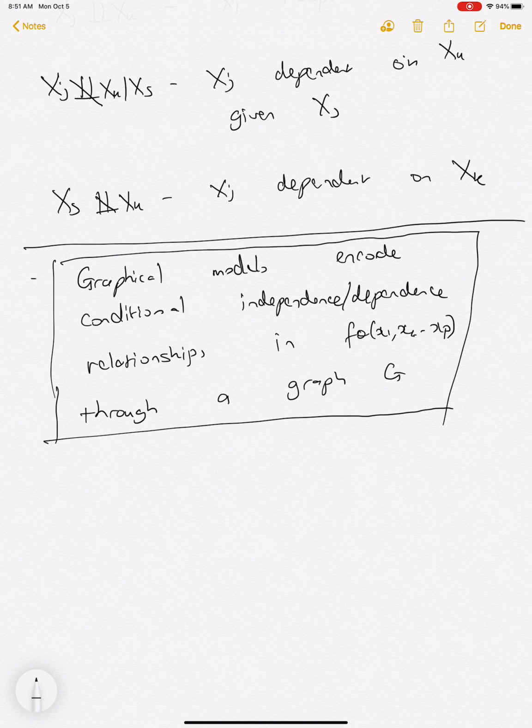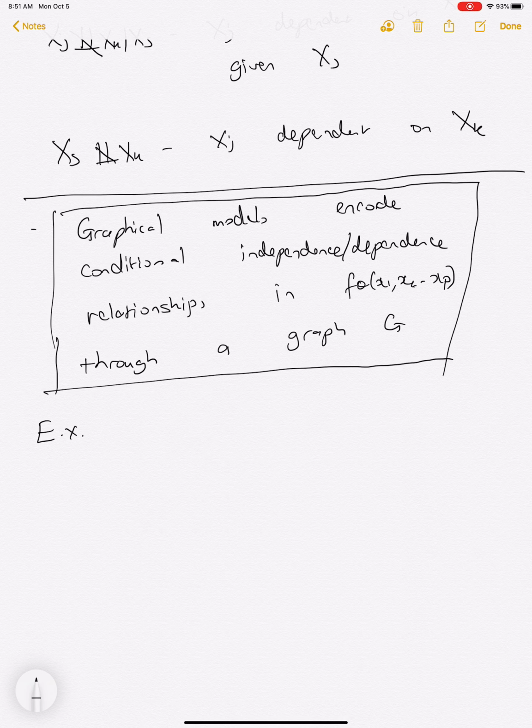So, for example, and this is again going back to examples from the previous lecture, we have this gender bias in admission example.